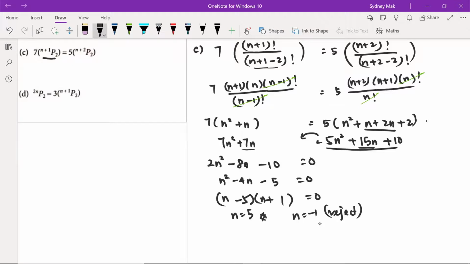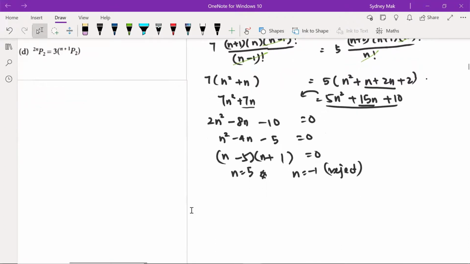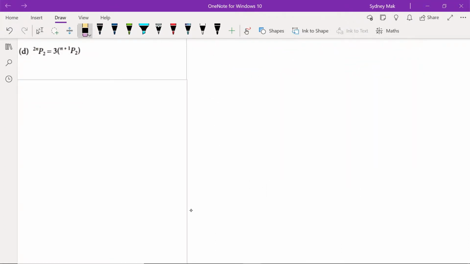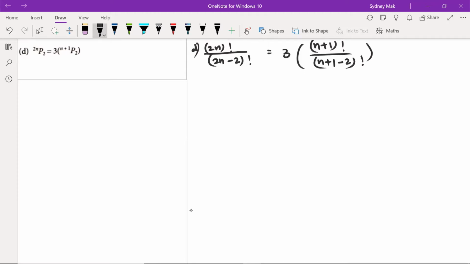Next, part D. So for part D, let's apply the formula. We have 2n factorial over 2n minus 2 factorial, equivalent to 3 times n plus 1 factorial over n plus 1 minus 2 factorial.